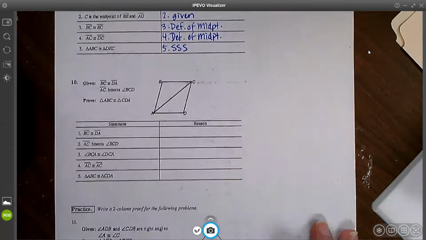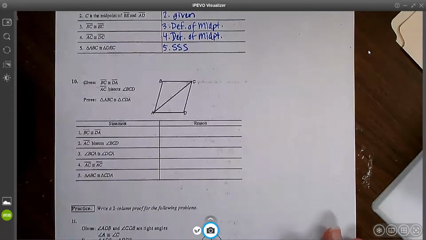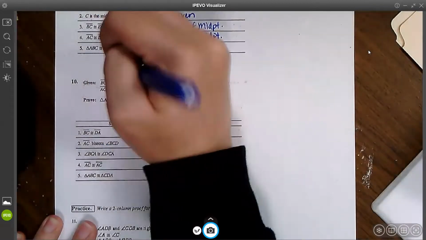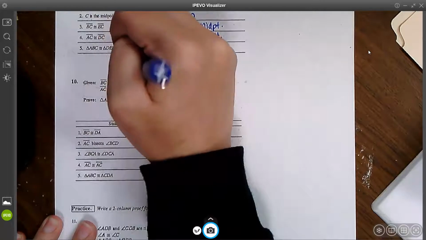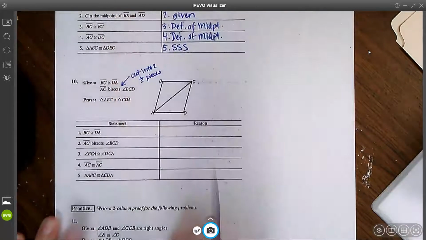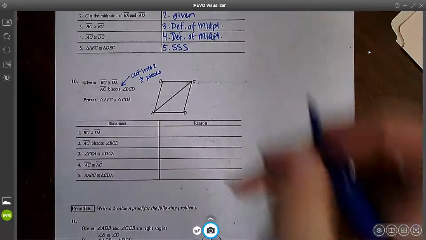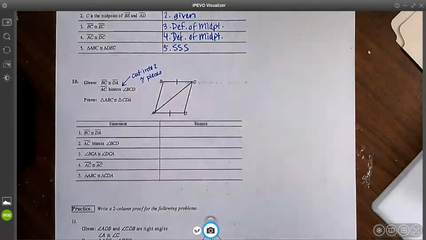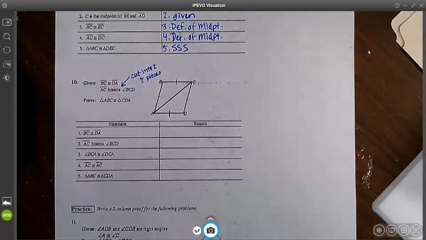The next one, number 10, BC is congruent to DA, and AC bisects angle BCD. When it says bisects, that means cut into two congruent pieces. So BC is congruent to DA, and AC bisects that angle BCD.